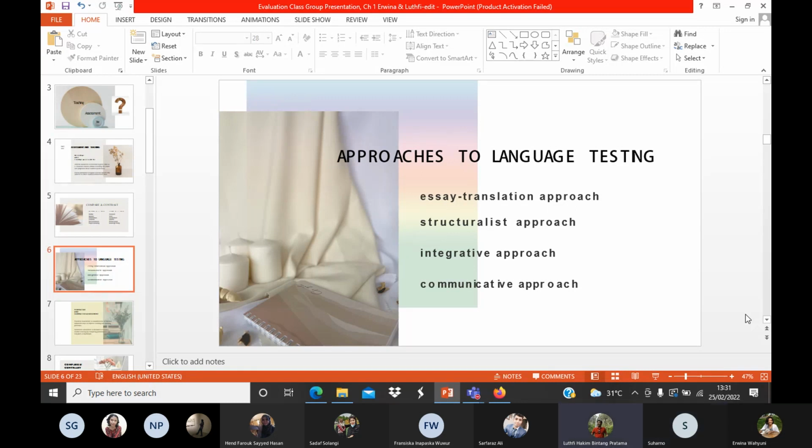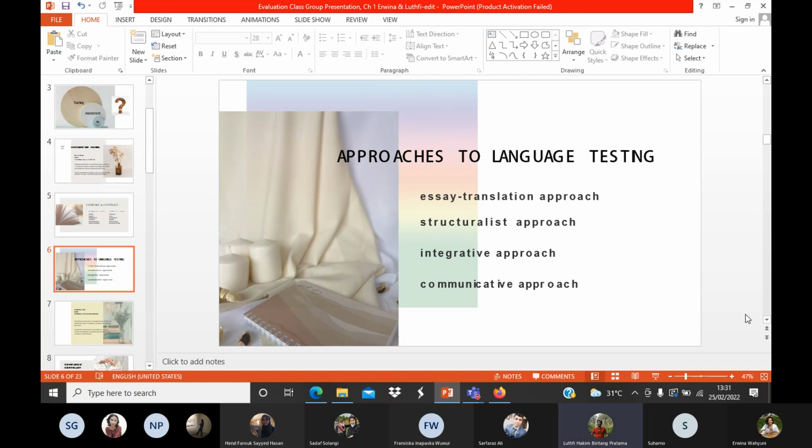And the third is the integrative approach, which involves the testing of language in context and is concerned primarily with the meaning and the total communicative effect of the discourse. Consequently, integrative tests do not seek to separate language skills into neat divisions in order to improve test reliability. Instead, they are often designed to assess the learner's ability to use two or more skills simultaneously.